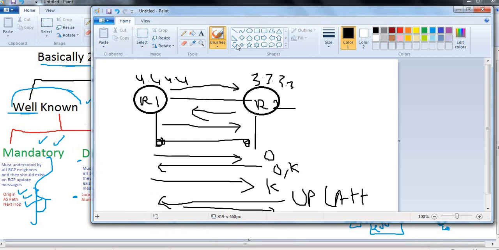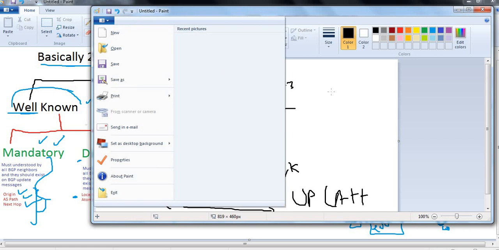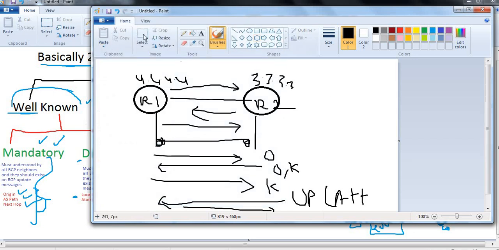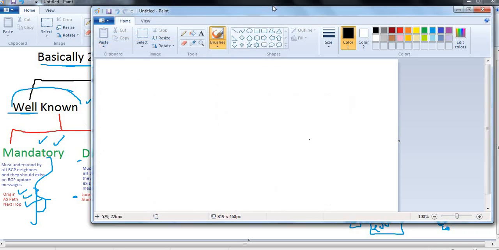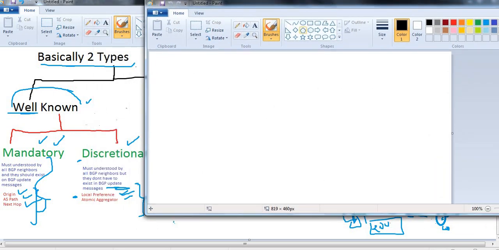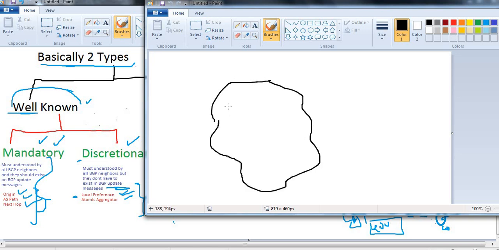So let me give a simple example here, which is not related to the routers or anything. Let me take a new example. Let's understand well-known, mandatory, and discretionary. Let's say we have a classroom and we have two students sitting in a classroom.